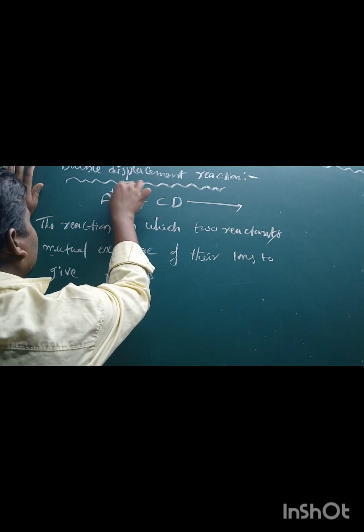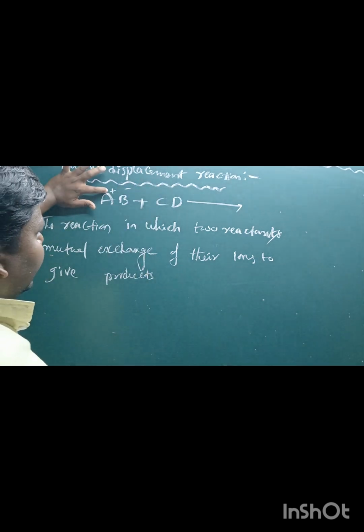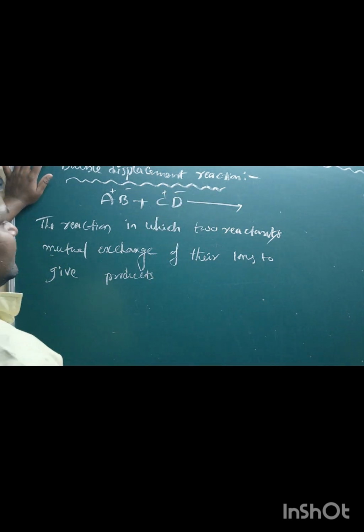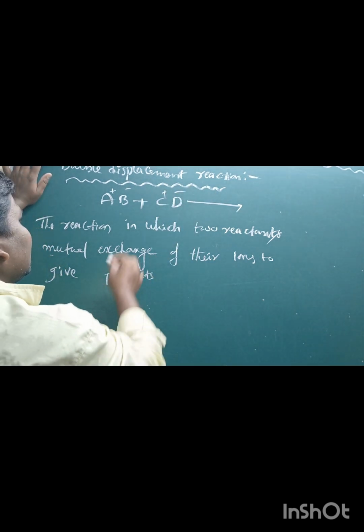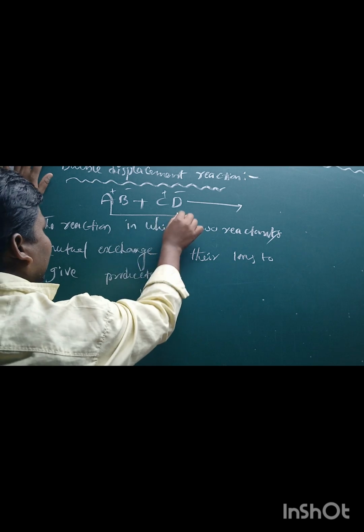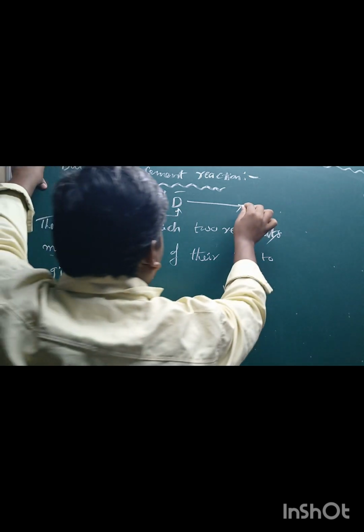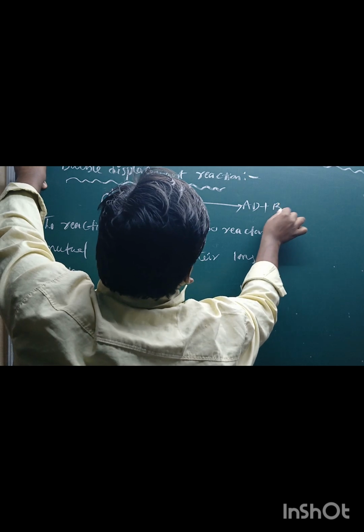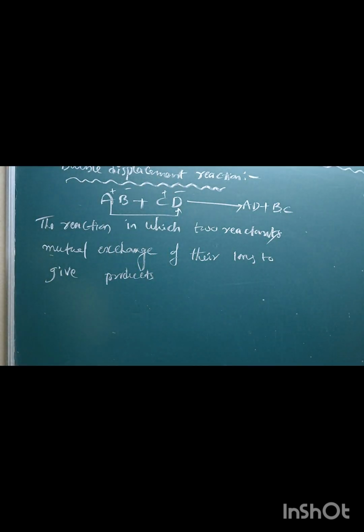Here A plus and B minus, positively charged ions are called cations, negatively charged ions are called anions. Here also C plus and D minus. This positive charge exchanges with the negative charge, giving AD plus BC. This is the general form of a double displacement reaction.